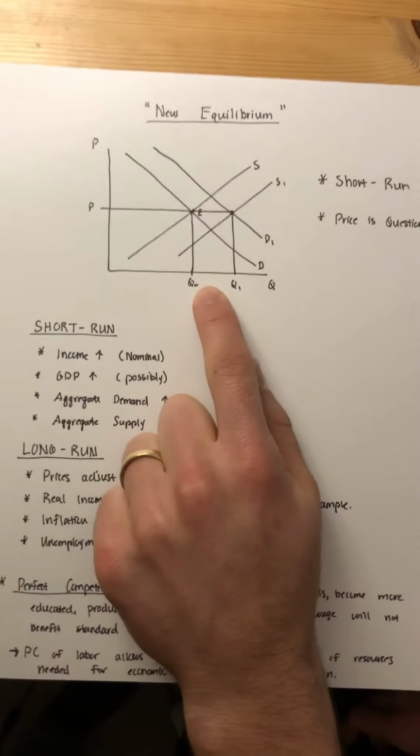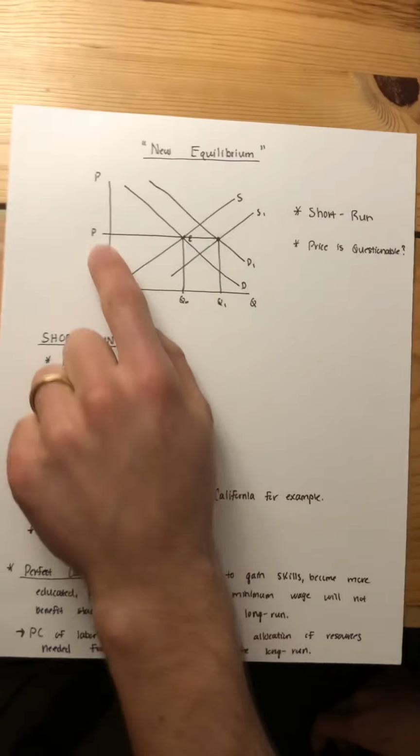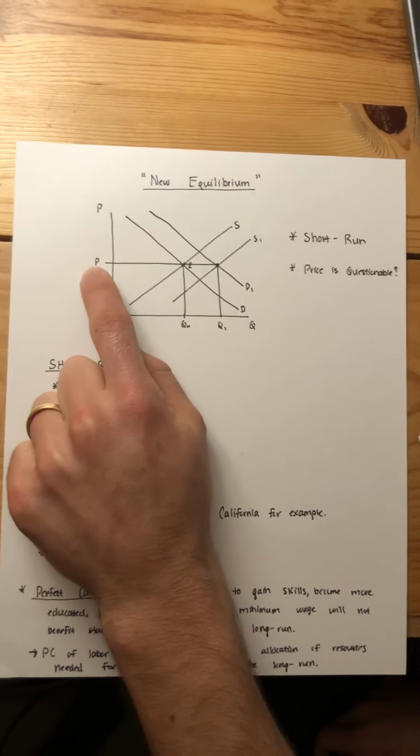Moving on to our seventh concept, we're going to talk about the new equilibrium for price level and output. And this can be kind of tricky because, showing this graph right here, for the new equilibrium we're not really sure what the prices would do.